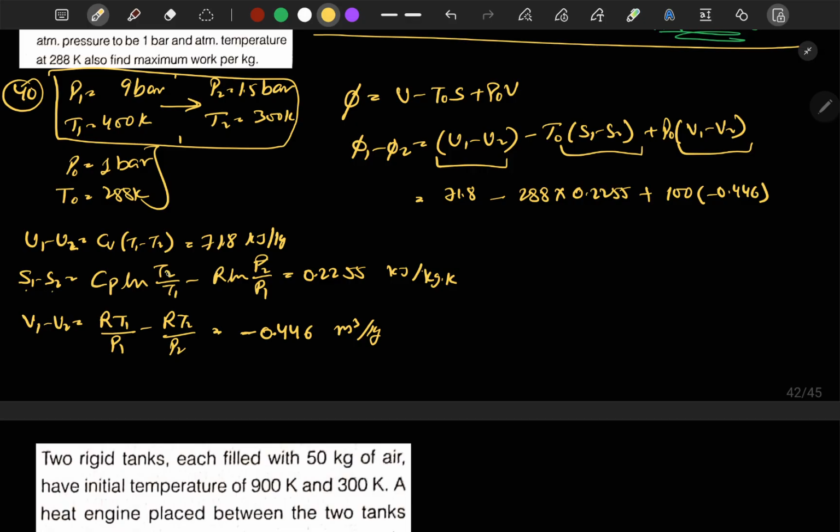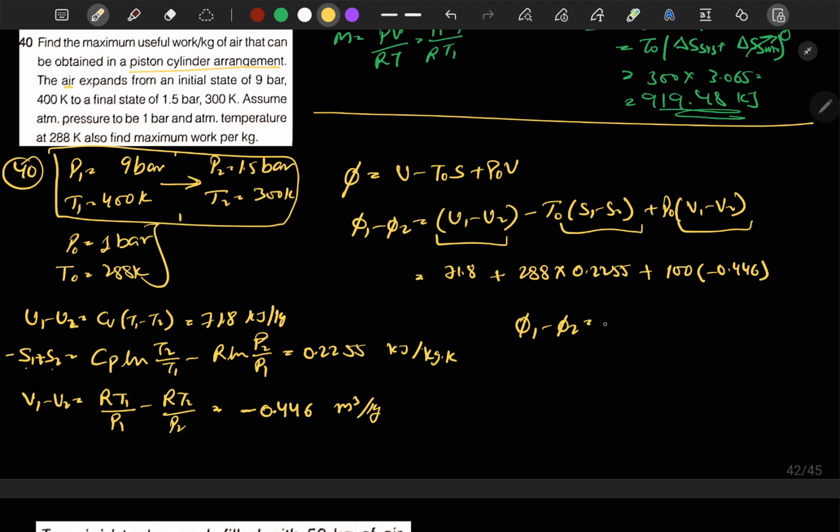What I've calculated here is S2 minus S1, so this term should be positive. So on solving, we get 288 into 0.2255, plus 71.8 minus 44.6. So we get the value to be 92.14 kilojoule per kg.